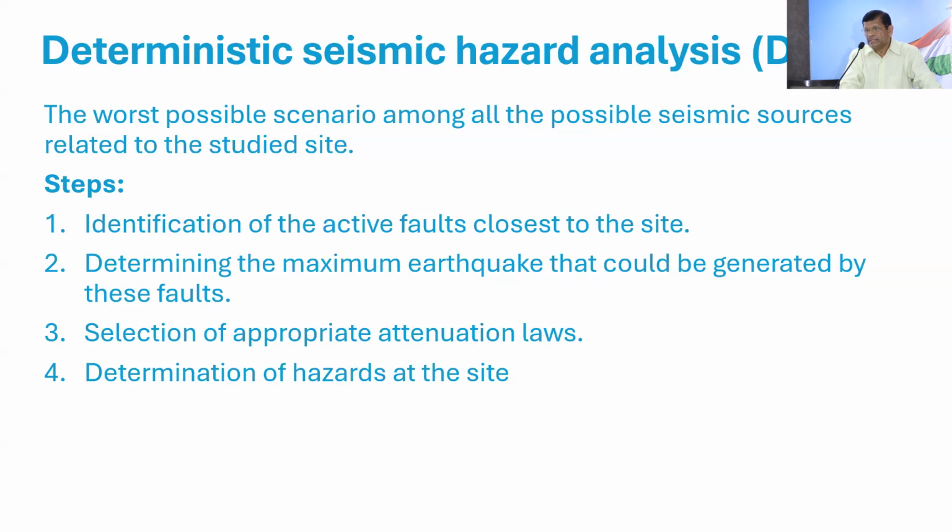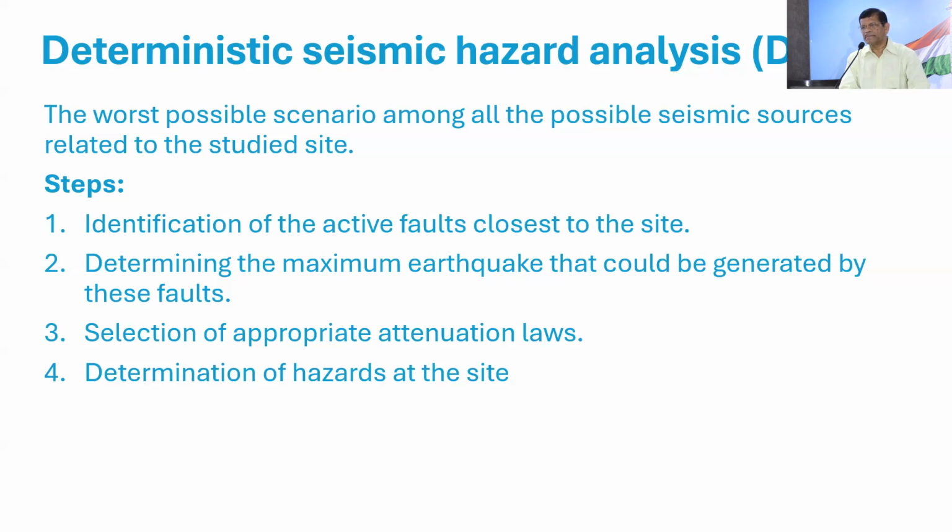So there are two methods. The probabilistic method, where, like I mentioned, even if you are in Canada, if a big event occurred somewhere else in the world, that will be considered in the probabilistic. But in the deterministic, we focus on what is likely to occur.